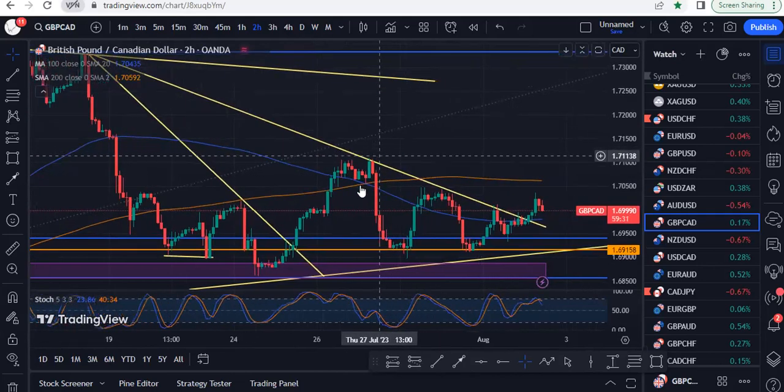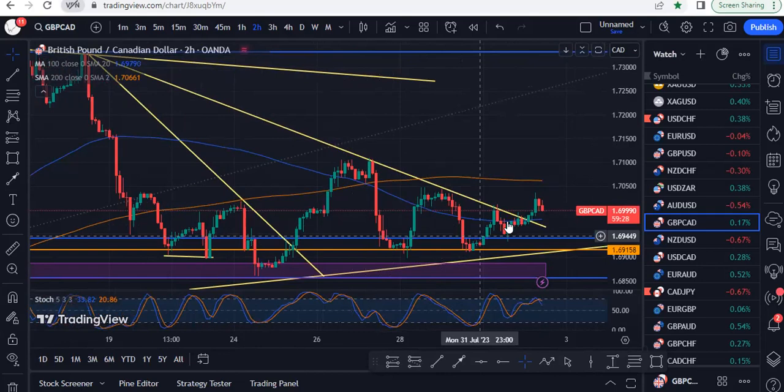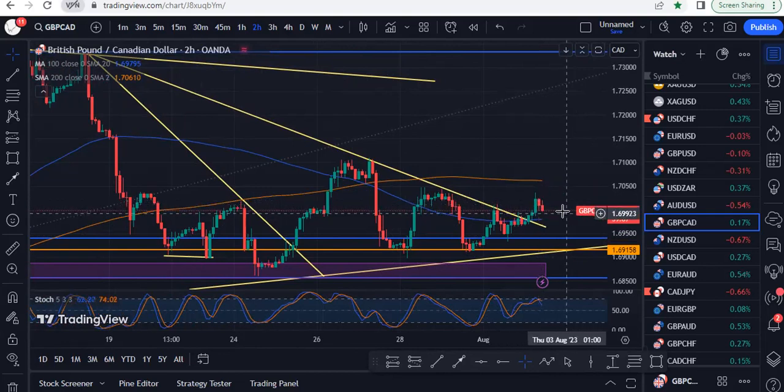If you see here, we have some break of the trend line, which were clear, and I gave the signal around here yesterday. I saw that the market was testing here, and then I gave the signal yesterday. Yes, we are in profit, but that's not really a good profit.